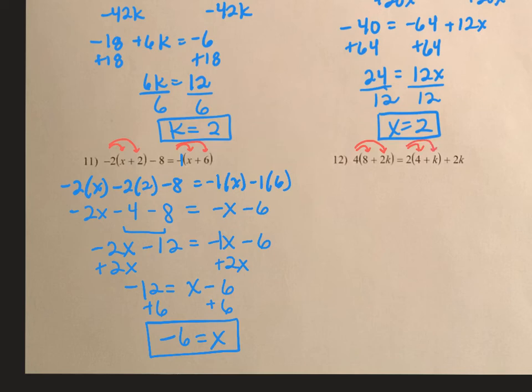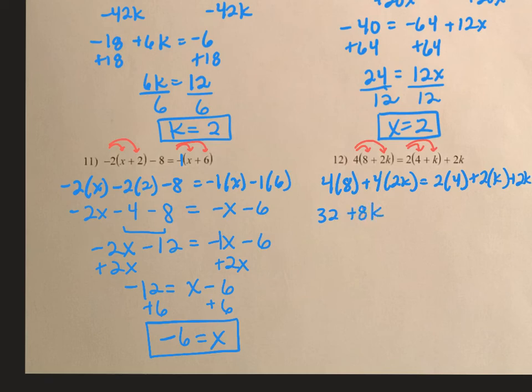So again, our last problem, we have 4 times 8 plus 4 times 2k equals, on the right side, 2 times 4 plus 2 times k, and then I have this plus 2k already here on this side. 4 times 8 is 32. 4 times 2k is plus 8k. 2 times 4 is 8.